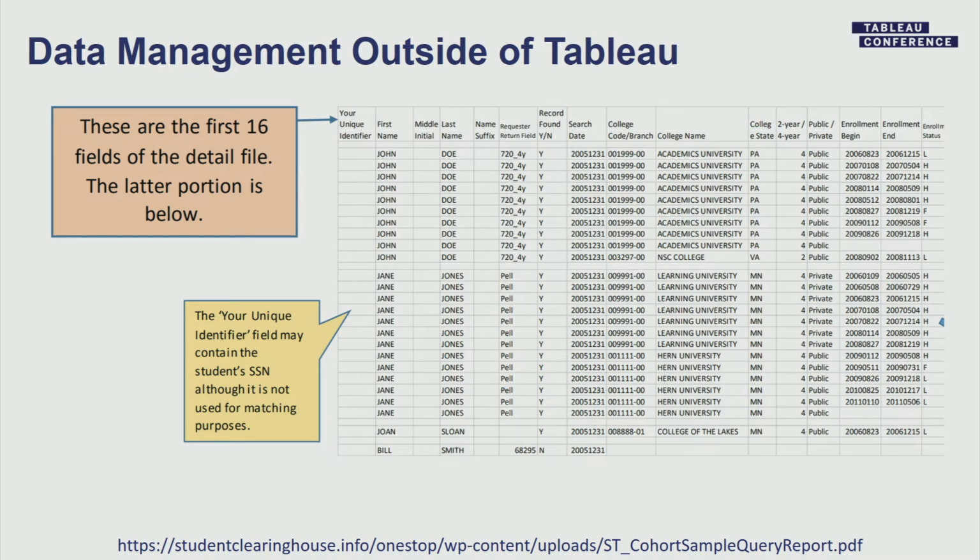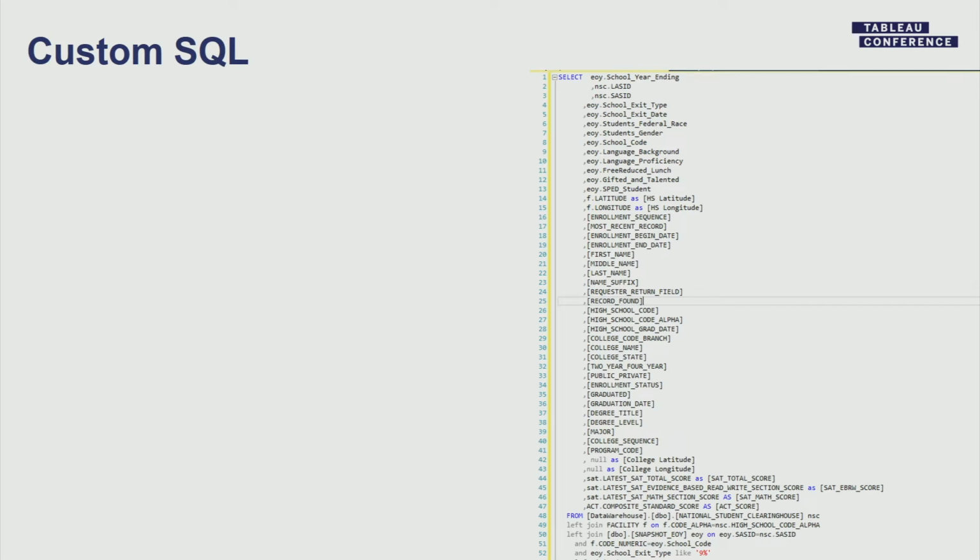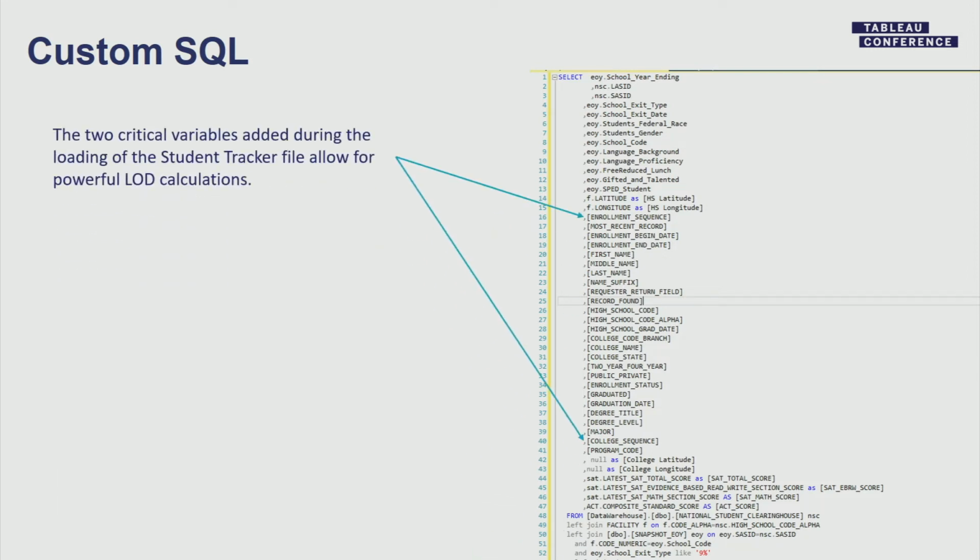Then you can just sort of see how this is organized. And then I write nice custom SQL, not super sexy or exciting, but gets the job done. And then these are the two critical variables that I was talking about. So the enrollment sequence, which our guys in IT add in, and then the college sequence.